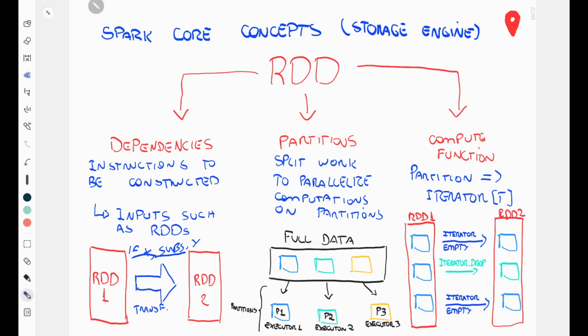But in the compute function, it is clearer why the partition and the dependency can be leveraged. So for its partition, you have an iterator, and this is actually the instruction for each of the partitions.